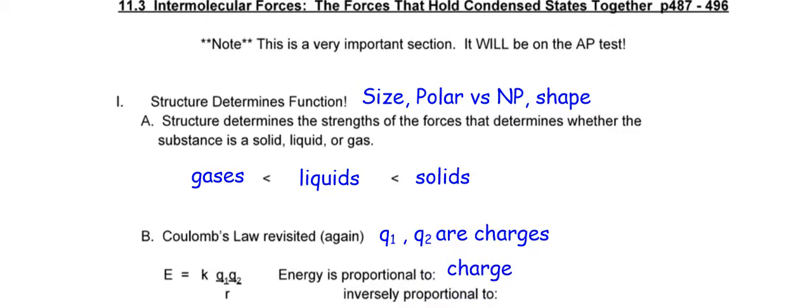And so what is it inversely proportional to? Well, it's inversely proportional to R. Well, what is R? R is your radius. It is how far away these molecules are from each other. It is your distance. So we can say that in the ideas of what we're talking about right now, if we have molecules that are really far apart from each other, their energy or their attraction is going to be very weak.